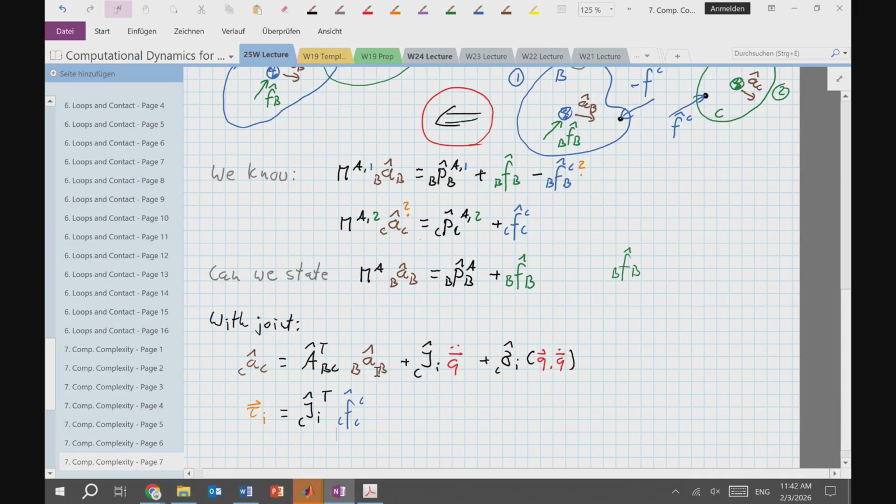That gives me also some information, because if I look at this, I cannot freely select the 6-dimensional quantities of this combined constraint force, joint and constraint force, because I have a motor in here, right? And for that motor, I know exactly what the torque is going to be.